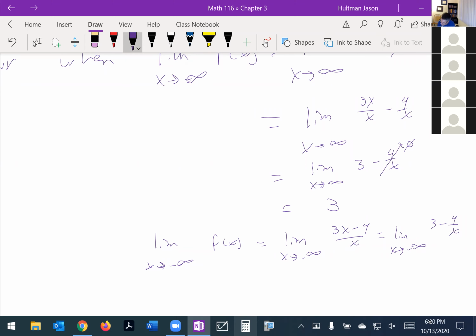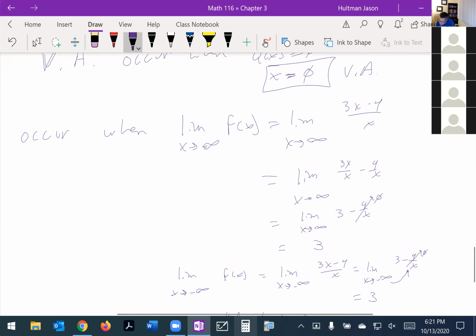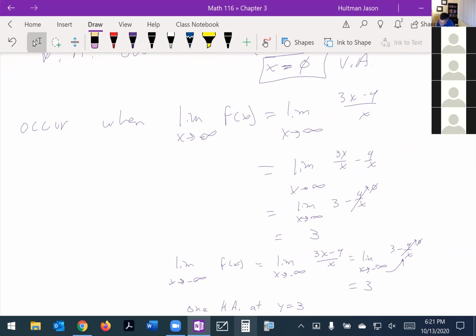Now I put negative infinity in for x, and 4 divided by negative infinity is 0, so 3 minus 0 is still 3. So there is only one horizontal asymptote, at y equals 3. We had a vertical asymptote at x equals 0 and a horizontal asymptote at y equals 3.